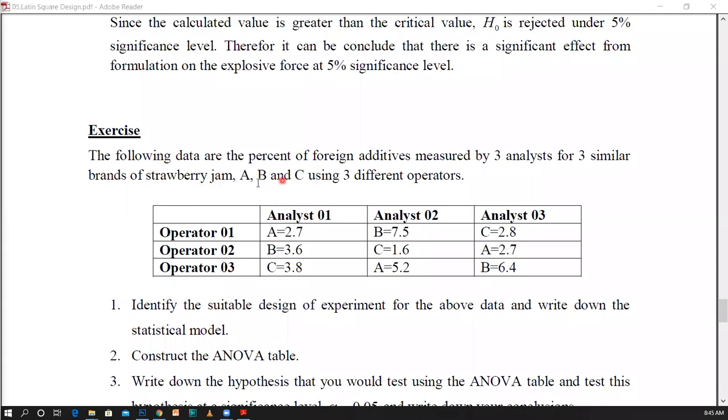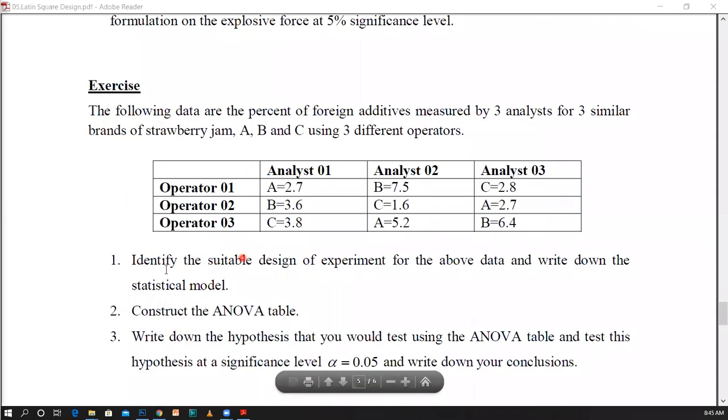There were three types of jams, A, B and C. Three different operators were used and three additives were used. Here you are asked to identify the suitable design of experiment, mention the statistical model, construct the ANOVA table, and test the appropriate hypothesis.